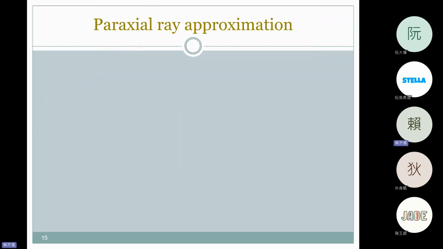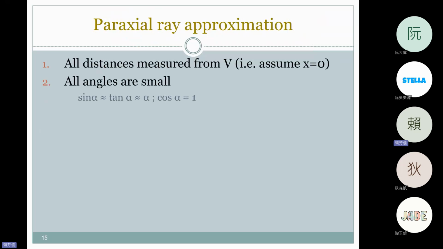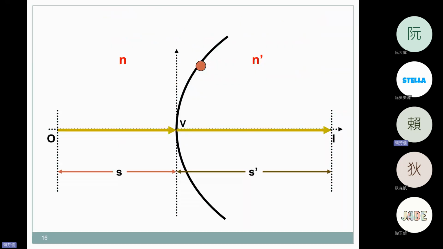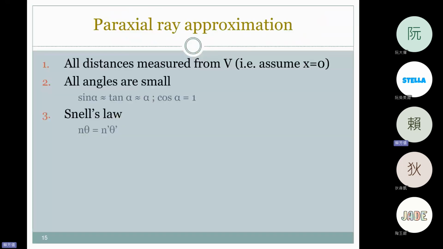Okay, so here we can benefit from the paraxial approximation, because all angles are very small, so sine alpha will equal tangent alpha, which will equal alpha.